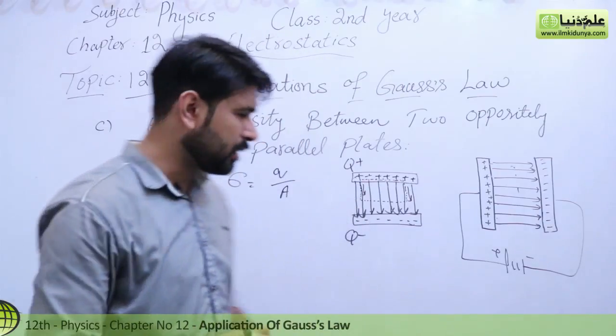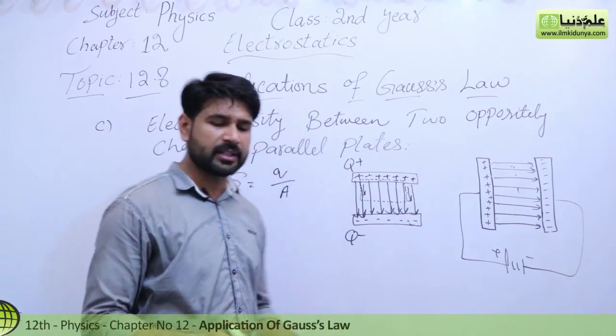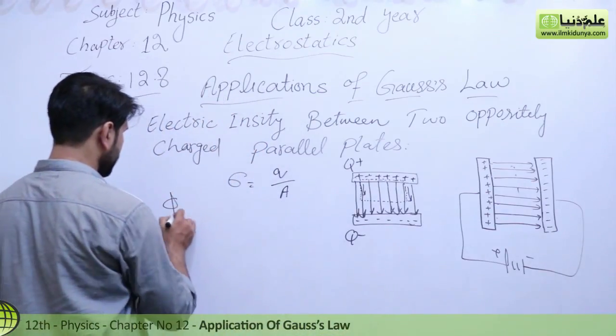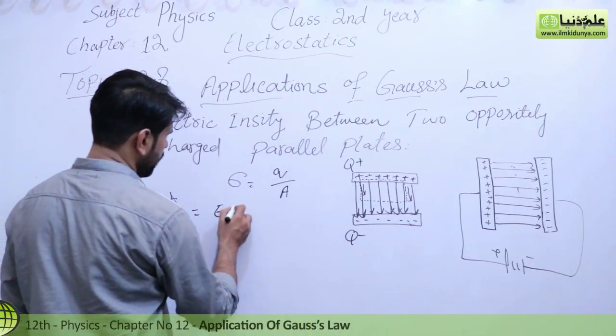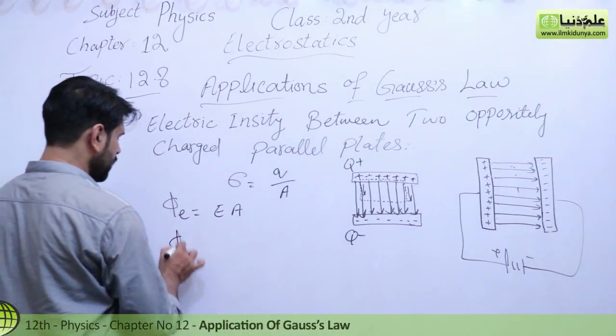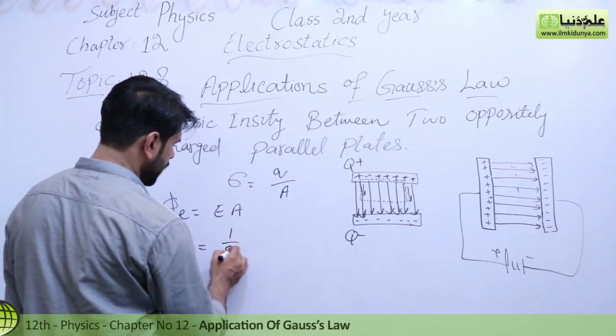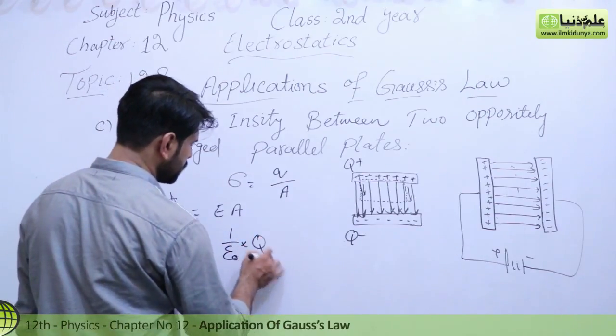So the total electric flux through this Gaussian surface should be EA. According to Gauss's law, the electric flux is equal to 1 over epsilon times charge Q.